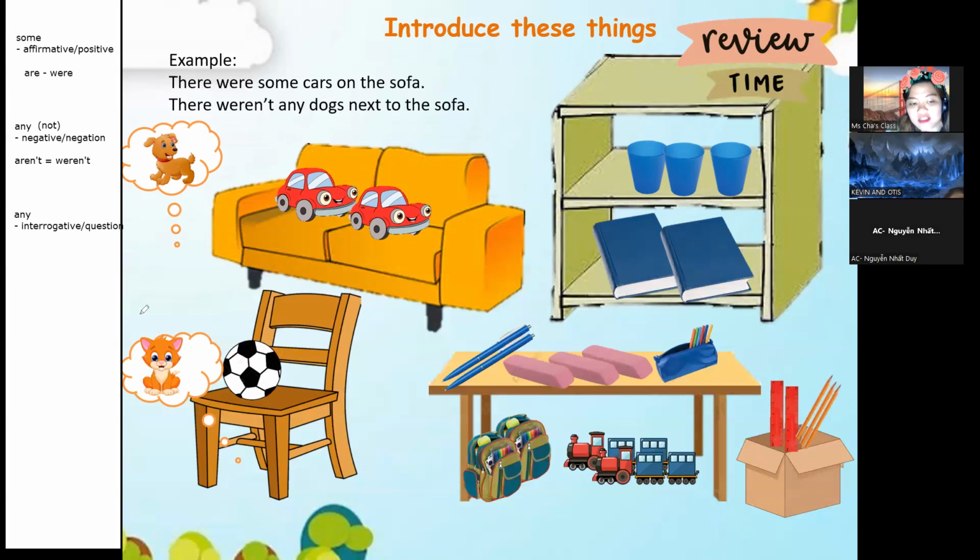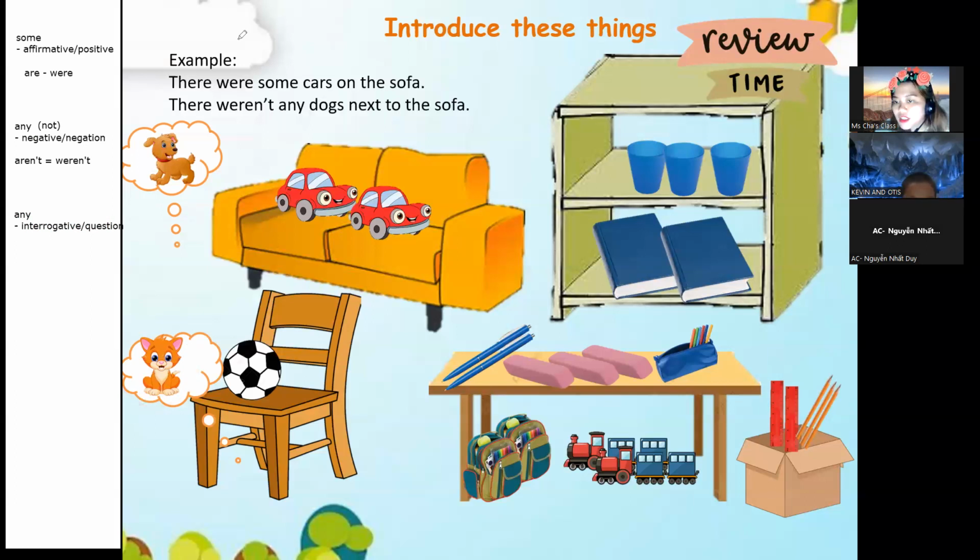There wasn't any cat. With this one, it's only one. There wasn't a cat. Where? Under the chair.